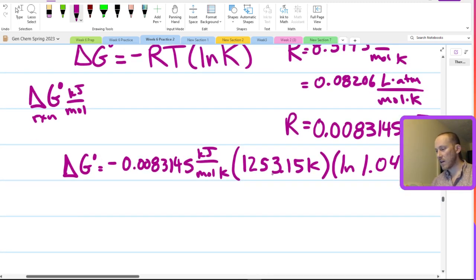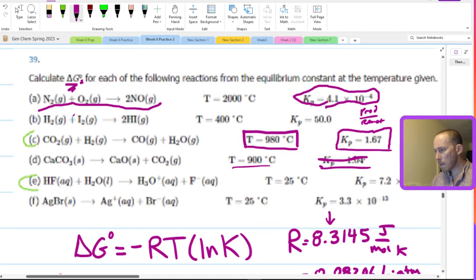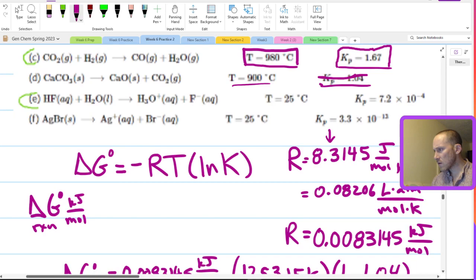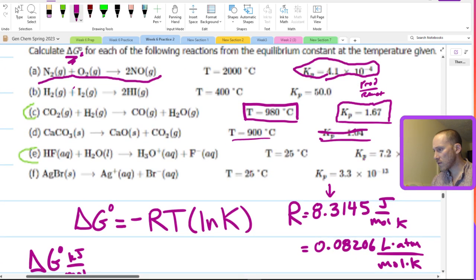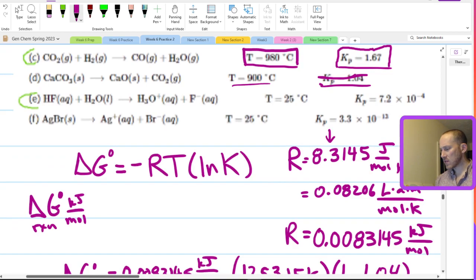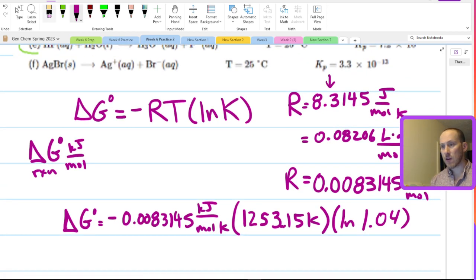Again, this is fine. I'll just do it correctly this time. Okay, plus the correct Kp here is, those are not negatives, that's just a dash, right? Yeah. So 1.67, the natural log of 1.67.